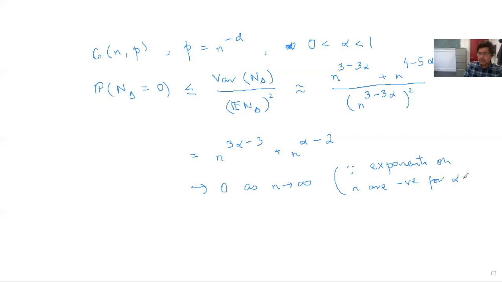For alpha smaller than 1. Okay, so we've shown that the probability that there are no triangles tends to 0. So the probability that there is at least one triangle tends to 1 as n goes to infinity.